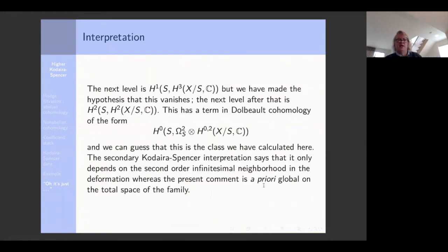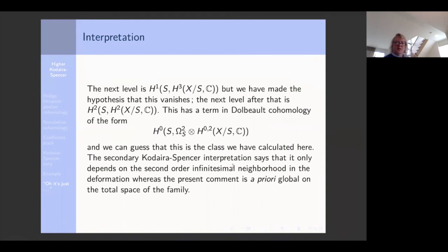The next level is H^1 of the base with coefficients in H^3, but we made the hypothesis that that vanishes. And then the next level is H^2 of the base with coefficients in H^2 of the fiber. And this is going to have a term in double homology, which is H^0 of the base with coefficients in Ω^2 tensor H^{0,2} of the fiber. And I think we can guess here that this is the same as the class we calculated here.